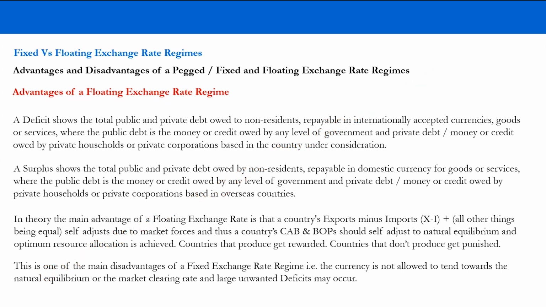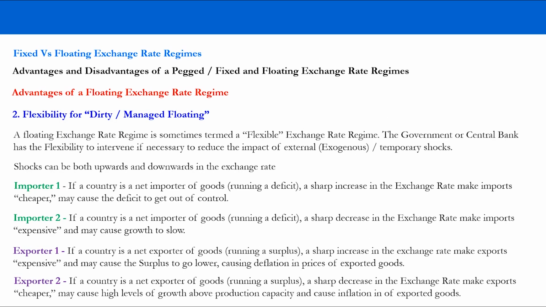And that was one of the facets of the Bretton Woods system. So the United States had a fixed US dollar peg to gold, and over a number of years they managed to create a large and unwanted deficit. Okay, so balance of payments self-adjustment is widely seen as one of the advantages of a floating exchange rate regime.